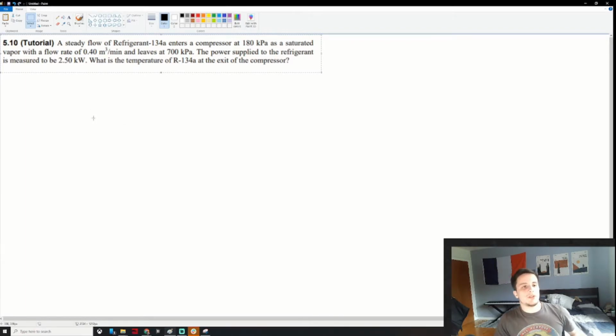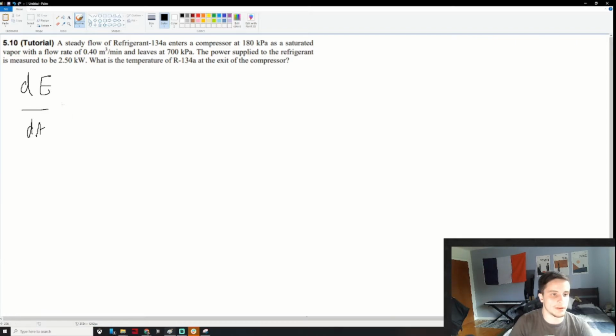Okay, so where do we usually start? First law equation. If you don't know where to start, you just pop in your first law equation, see what you have, see what you're looking for, and see what is missing.